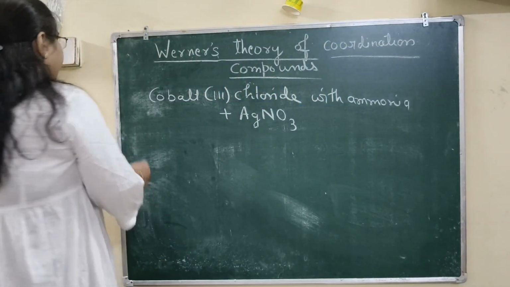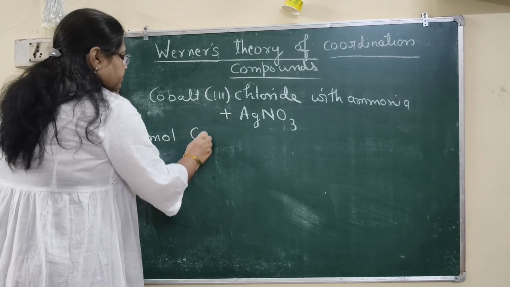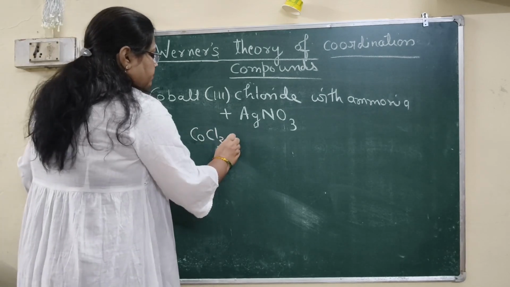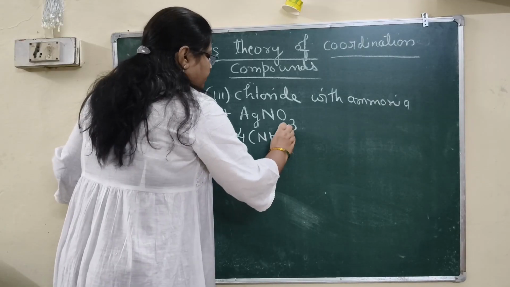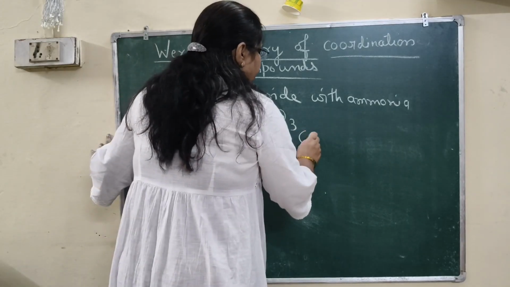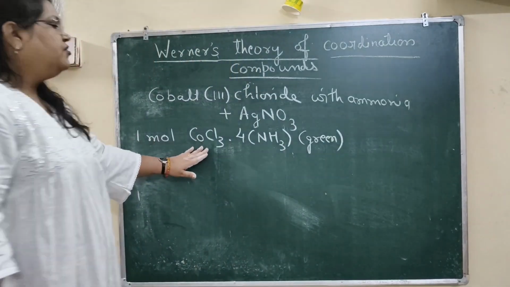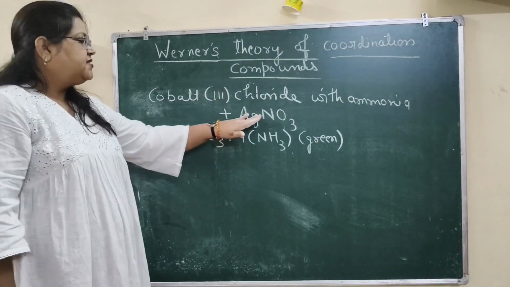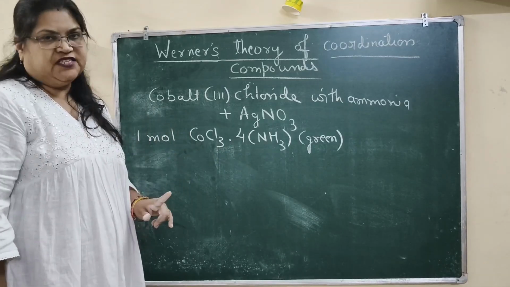Now students, when 1 mole of this compound, green in color, on adding excess of AgNO3 solution, it will give 1 mole of AgCl.